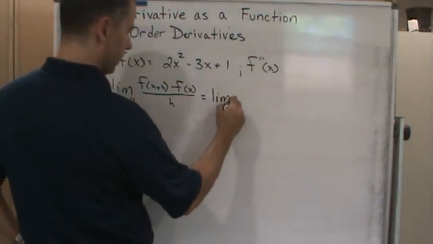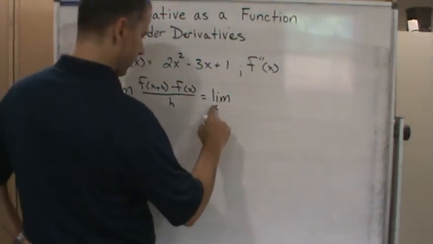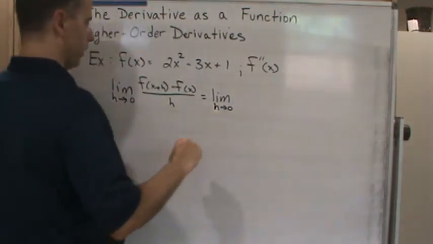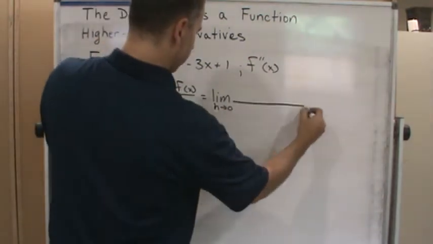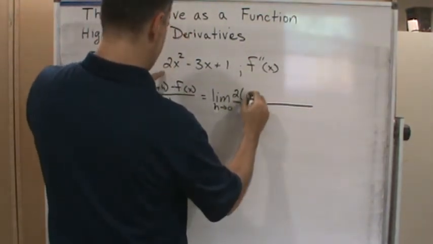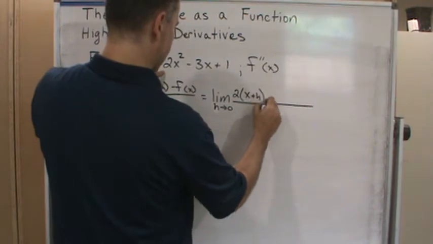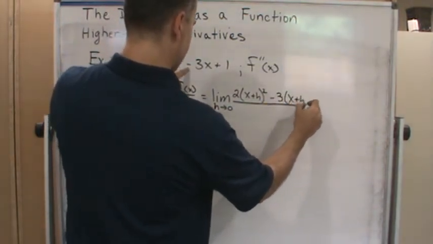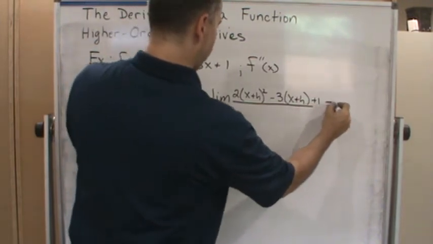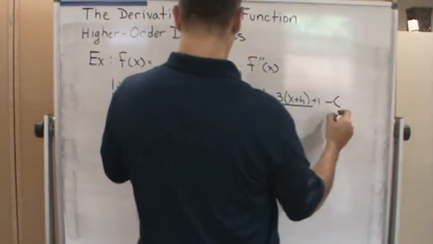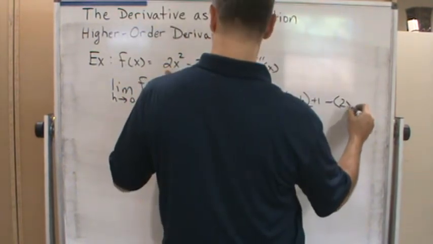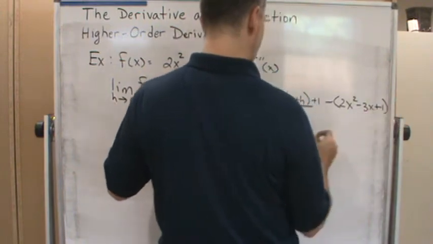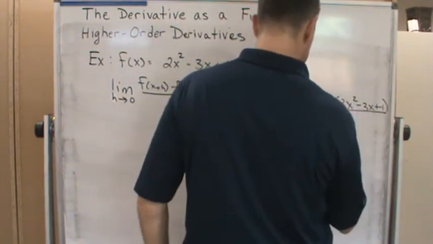So we're going to get the limit as h approaches 0 of 2 times x plus h squared minus 3 times x plus h plus 1, minus the whole thing 2x squared minus 3x plus 1, over h.